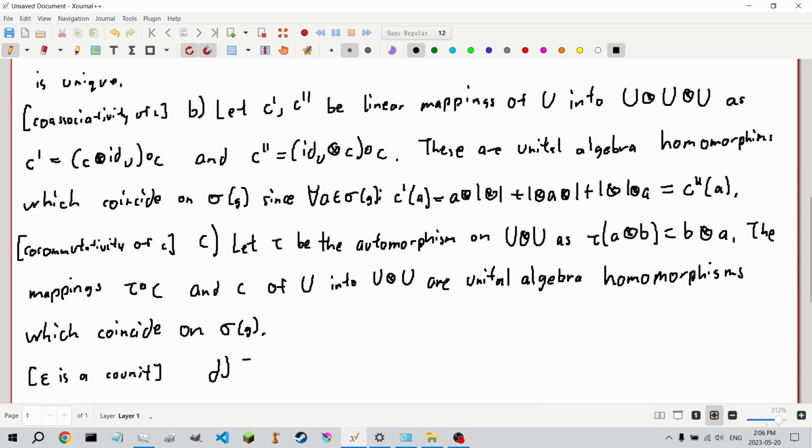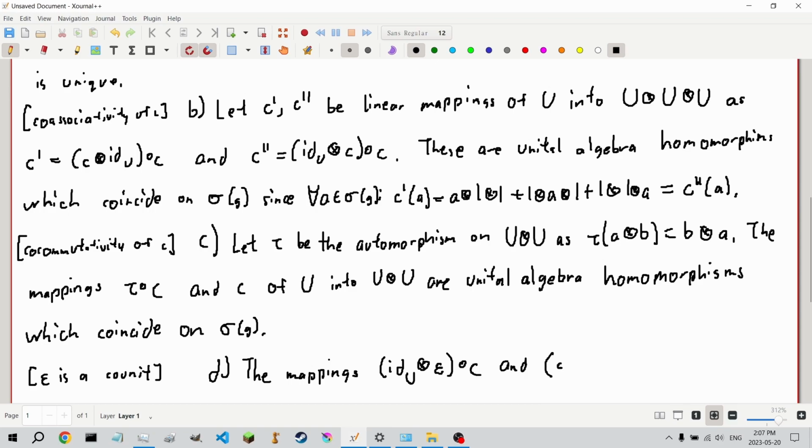So D. The mappings of the U identity tensor the co-unit applied to the co-product, and I'm guessing we're going to have it on the other side. Yes, indeed.